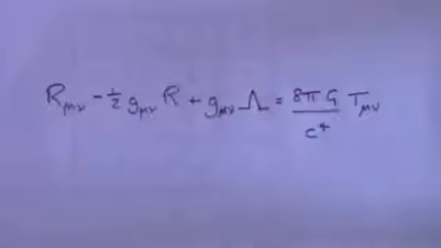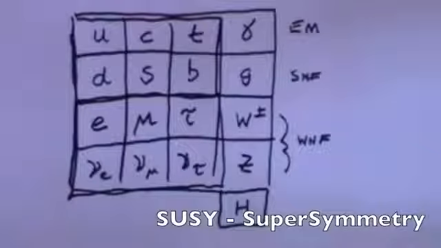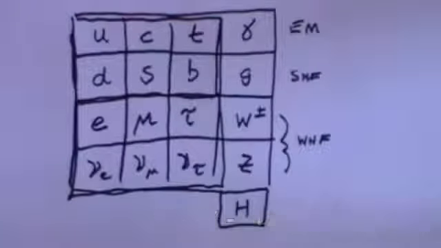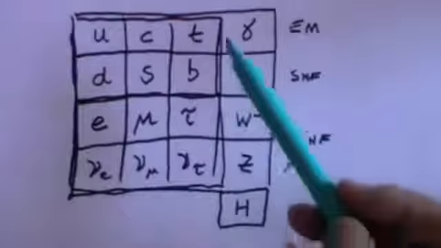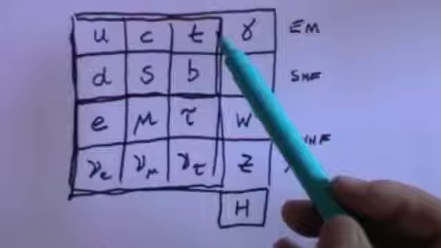One of the ways in which unification could be achieved is by a process called SUSY, short for supersymmetry. The idea is that for all the fermions, that's the 3x4 box here, these are all fermions, that is particles.